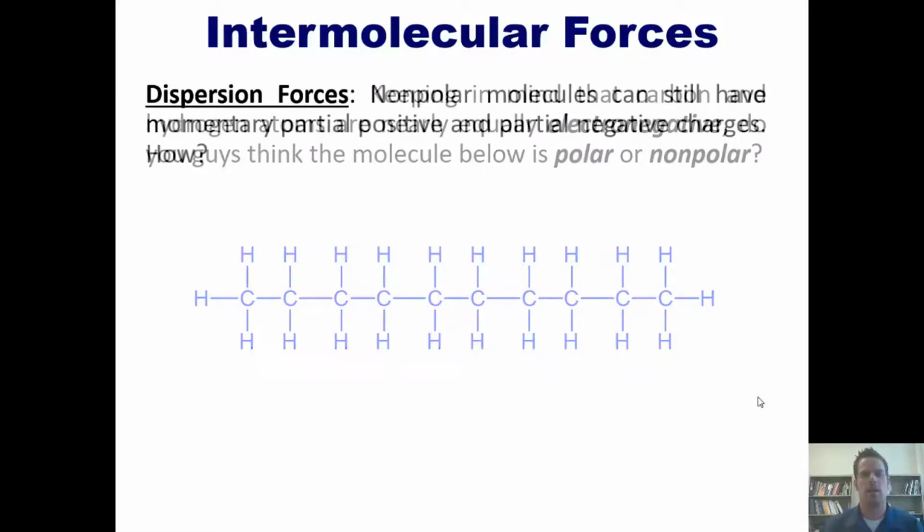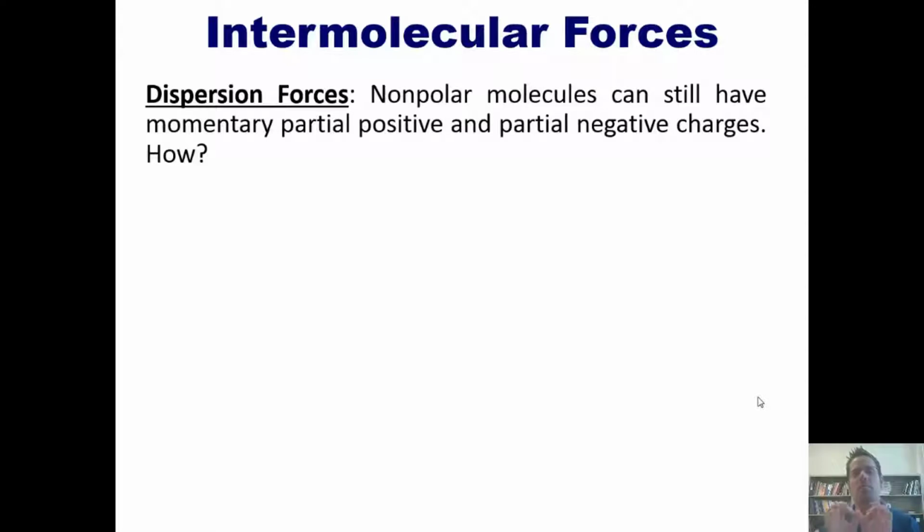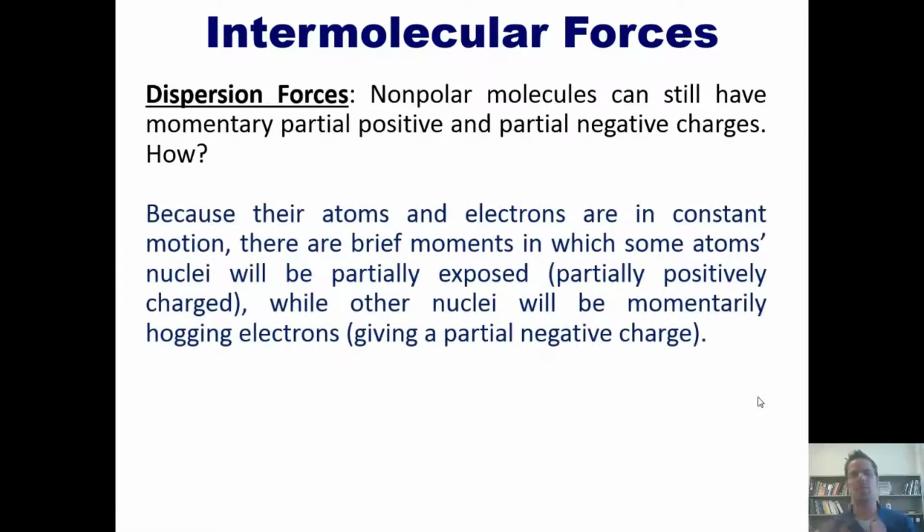Now that said, nonpolar molecules still can have momentary partial positive and partial negative charges. How? Well, because their atoms and electrons are constantly moving, you might imagine that there would be brief moments in which some of the atoms' nuclei will be partially exposed, which would expose for just a moment the partial positive charge from the protons in that nucleus, while other nuclei will have brief moments when all of the electrons are all over them, giving them partial negative charges.